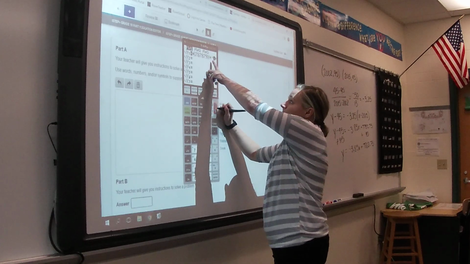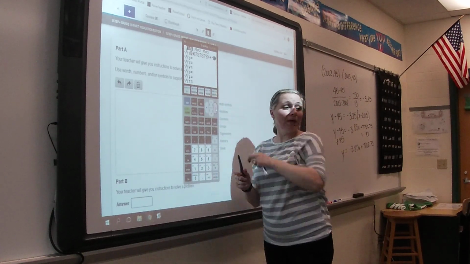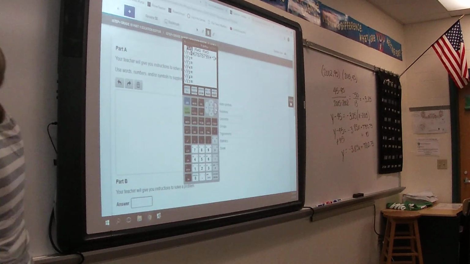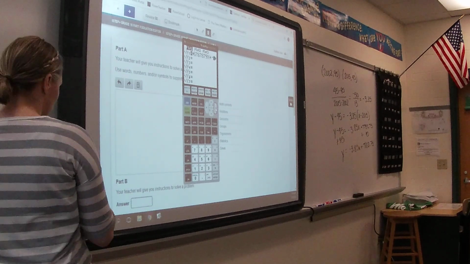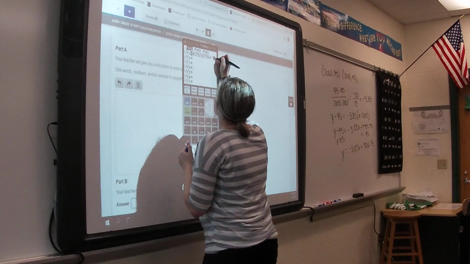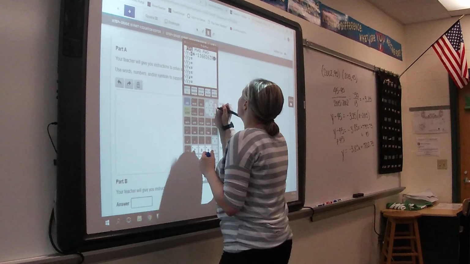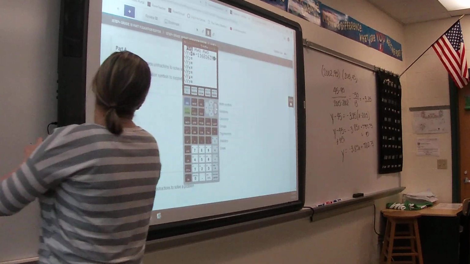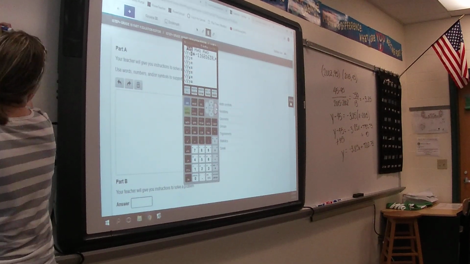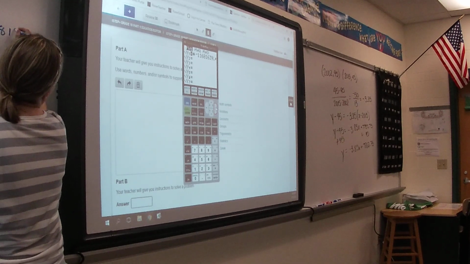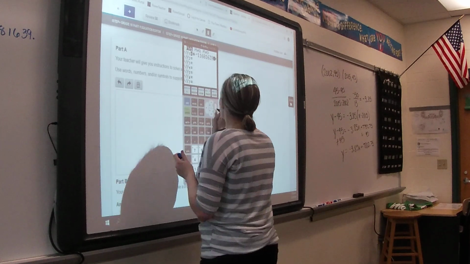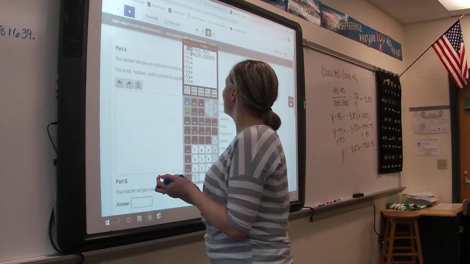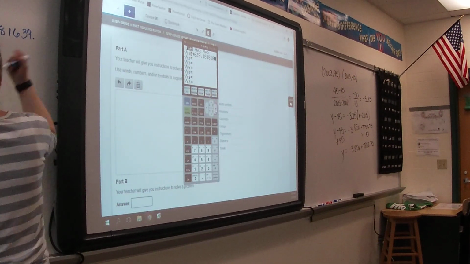Look right here. This is y equals mx plus b form. You need to put exactly what you see. So let's see, 1, 1, 6, 8, plus 1, 6, 3, 9 point 1, 8 repeating, so we'll just round that.